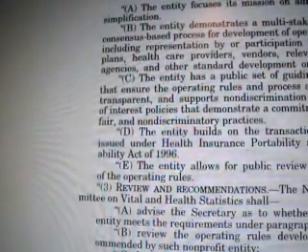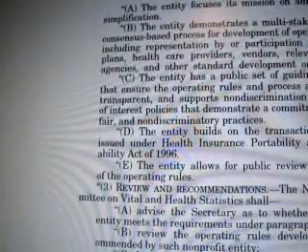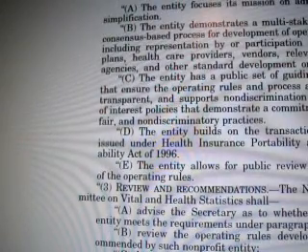Alright. So now they give this committee a name. The name of this committee is going to be the National Committee on Vital and Health Statistics. And they will advise the Secretary whether a nonprofit entity meets the requirements under paragraph 2. Oh, okay.